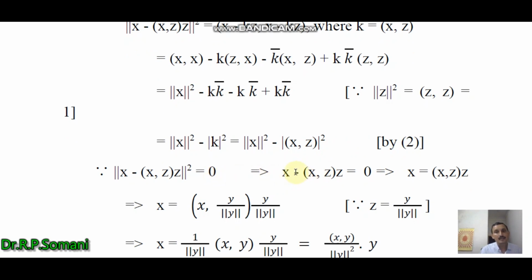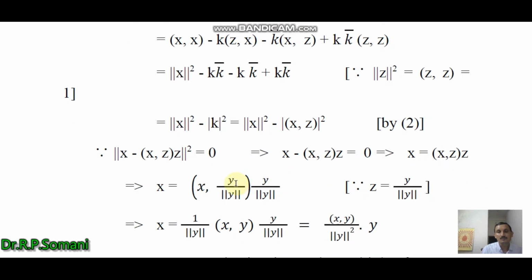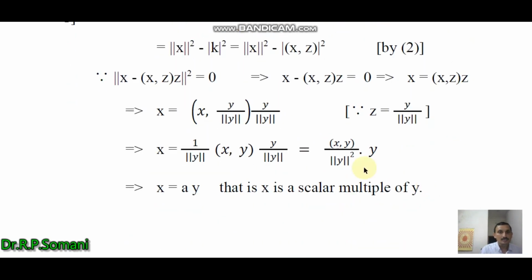Therefore, we obtain x minus the inner product of x and z times z equals 0, and this implies x equals the inner product of x and z times z. Rewriting z as y upon norm y, we have the inner product of x and y upon norm y into y upon norm y. Taking 1 by norm y outside, we obtain x equals 1 by norm y times the inner product of x and y into y upon norm y, or the inner product of x and y upon norm y square into y.